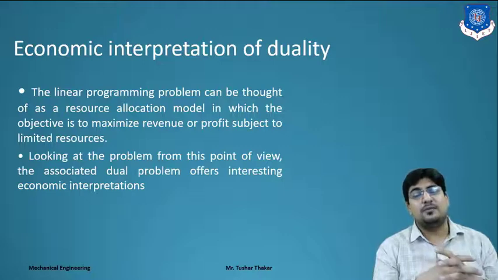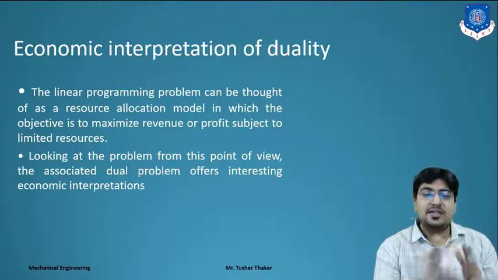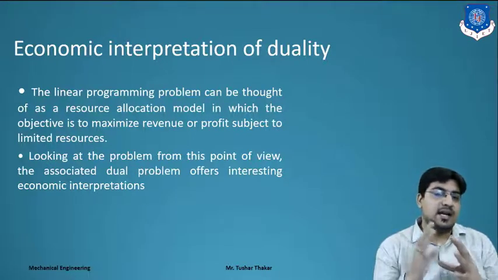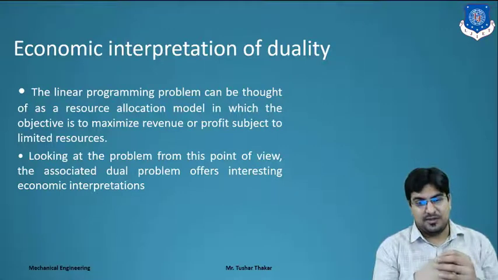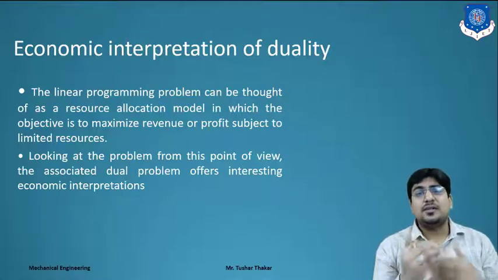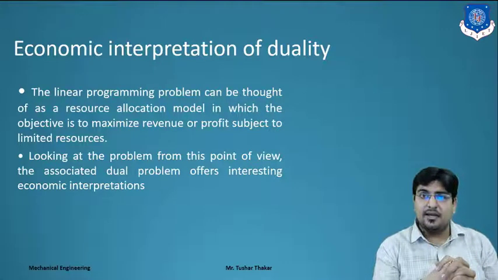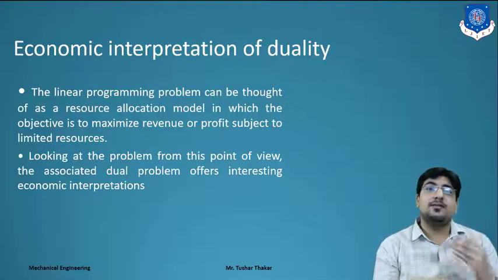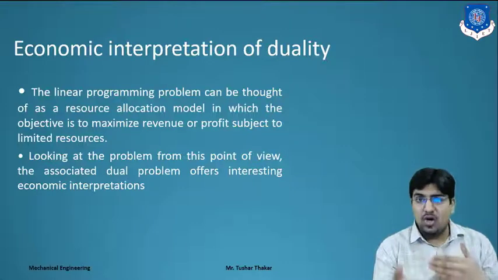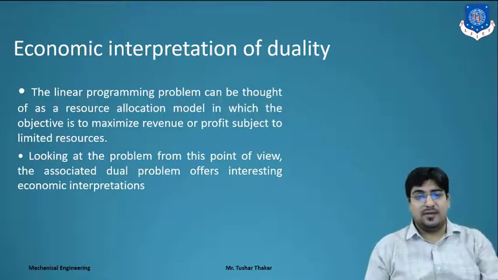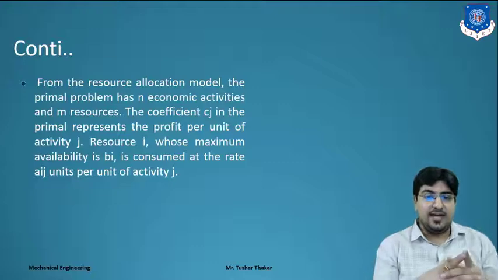Looking at the problem from this point of view, the associated dual problem offers interesting economic interpretations, right? After converting to the dual problem, it will show whether the optimal solution is good or not. So we have to consider an economic interpretation, right?